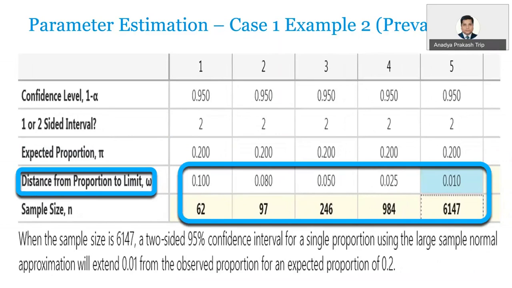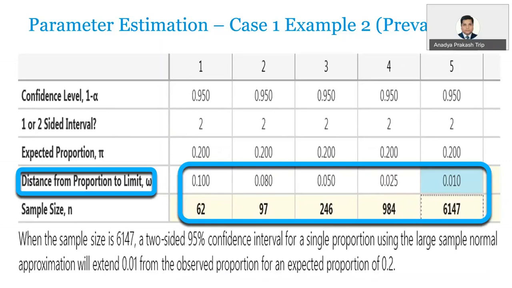But maybe sometimes the suggested sample size is not feasible to collect or not budgeted to conduct. Then what to do? Then we will do a reverse calculation. And we fix the sample size as per the resource and budget. And we'll try to see, with the given sample size, how close I can be to the reality.